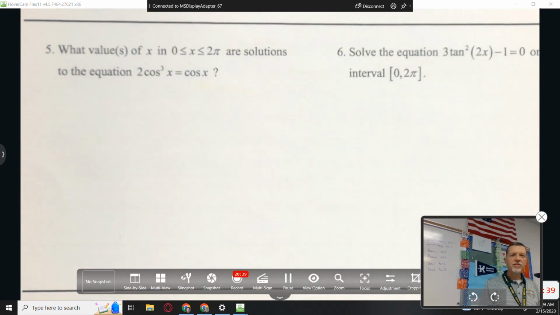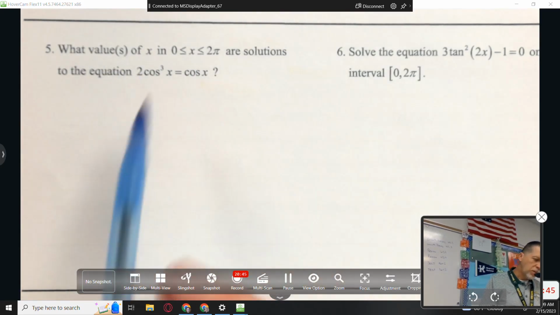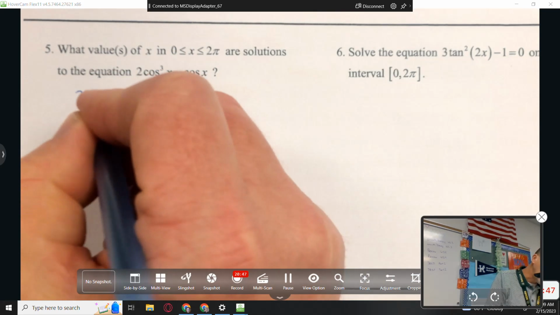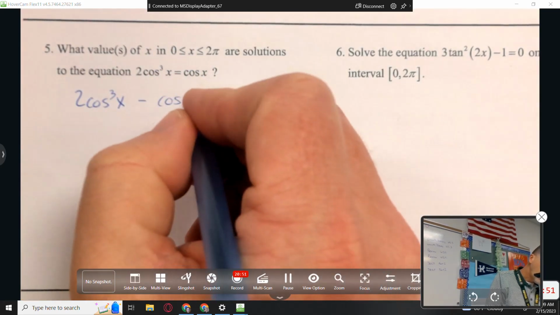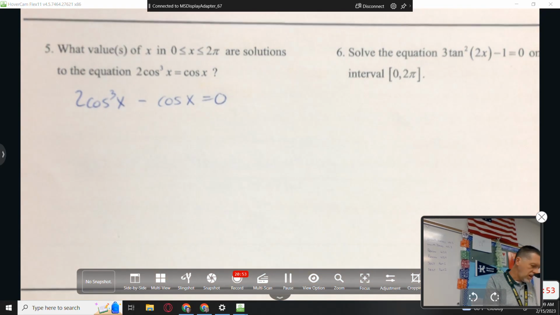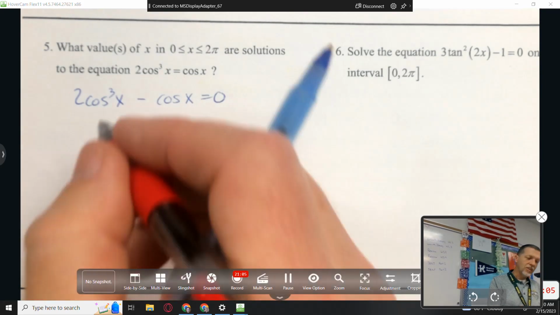Number 5. 2 cosine cubed equals cosine. Well, let's set it equal to 0 first. All right, what do you see we can do for that one? Good, take out a cosine.